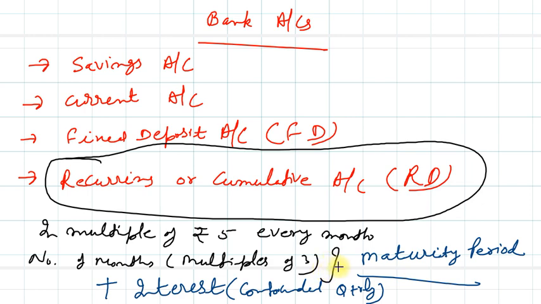The amount received by the investor on expiry of the specific period is called its maturity value, or MV in short, right? This rate of interest is revised by the government from time to time.